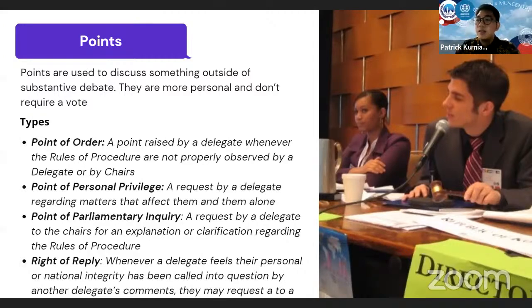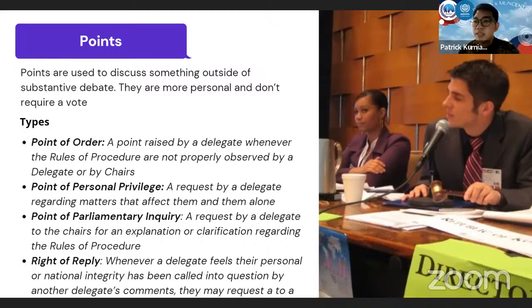So you have to state your reason. And then if the chairs recognize the violation conducted by another delegate, they will give you an individual speaking time outside of moderated caucus and outside of GSLs as well. So yeah, you have an individual speaking time just to address the matter that was previously mentioned.